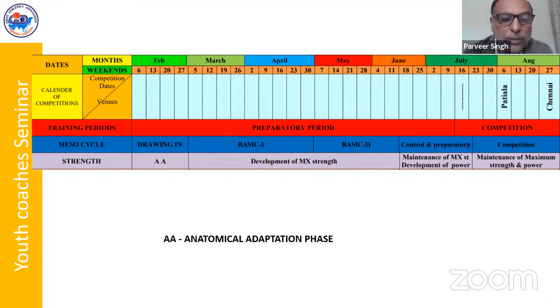Suppose your athlete is starting the season after the transition phase and preparing for the competition. What type of strength training will you plan for your athlete in the beginning of the season, the beginning part of the preparatory period? Can anybody answer?